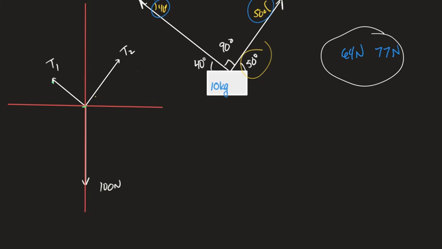And now this will be my 2 components. I only have to break up one of the forces. So this will be 100 cosine 50, and this will be 100 sine 50.